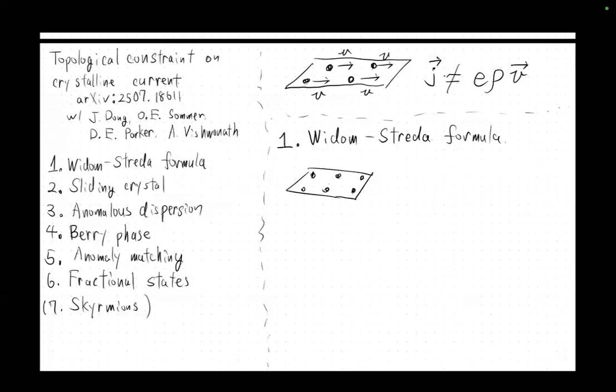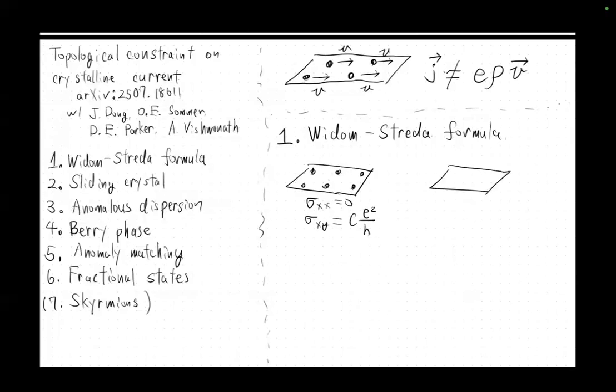And it's crystallized into an insulator, so we have sigma xx equals 0, and then sigma xy in general is equal to C e squared over h, where C is the many-body Chern number.